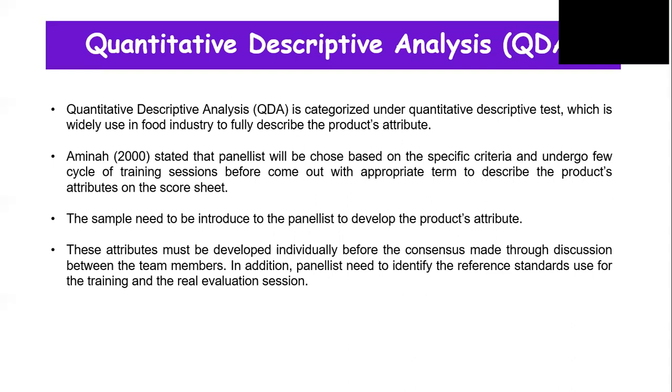Other than that, what's special in QDA compared to the other tests is that these panelists will sit together. They have discussion. This is very different from the other tests, where panelists must do the sensory test independently. They are not allowed to discuss between each other.